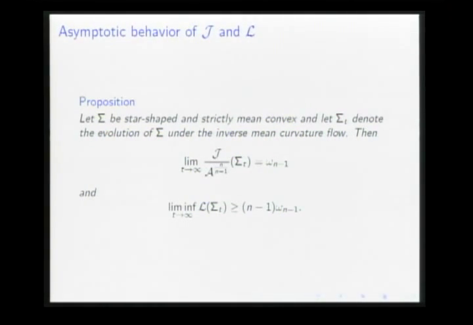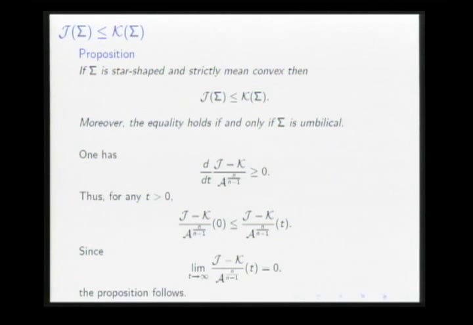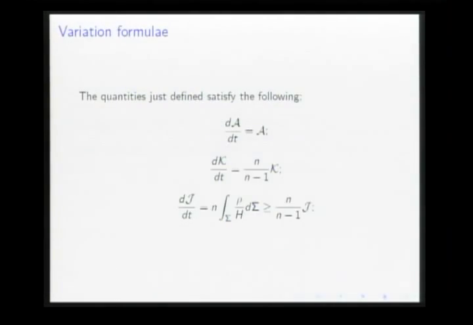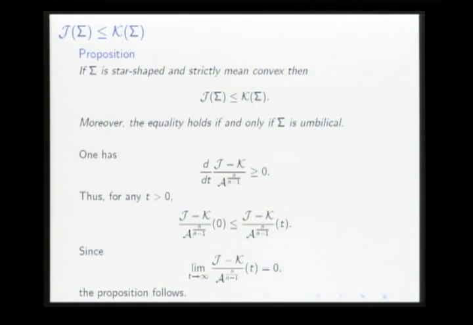Let me go to the variations. You can put the variations here. This first inequality is just Newton-Maclaurin's inequality. Oh, this is Brendle's inequality, actually. With this one, you can prove that.